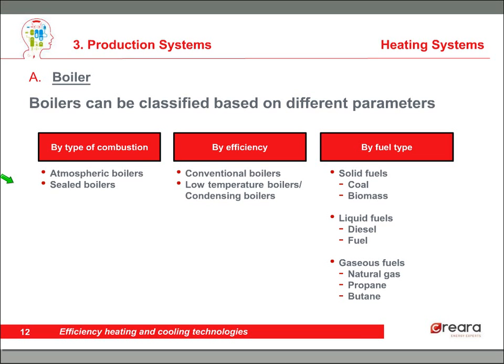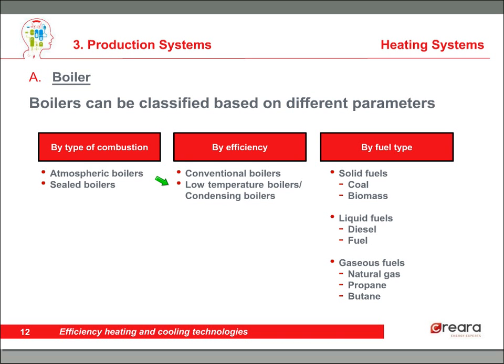Also, we can classify them by efficiency. In this type, we have conventional boilers and low-temperature boilers or condensing boilers. These two types of technologies are not exactly the same, but they work pretty similarly.